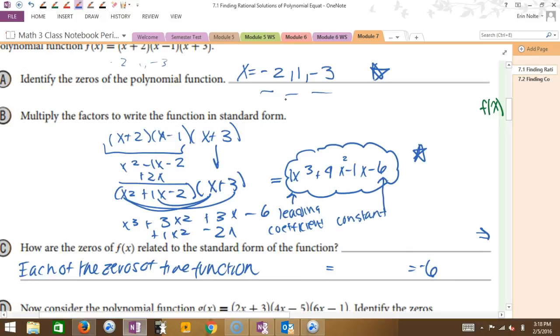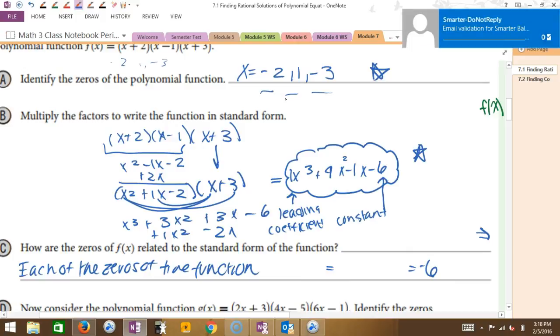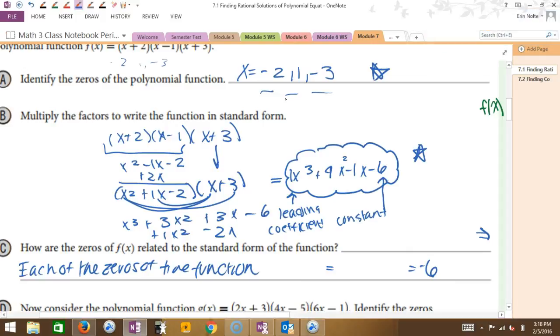It's still 2 times negative 1 is negative, 2 times 3 is 6, times the negative 3. I think that there's just something wrong with it. The fact, okay. That's what I think too.